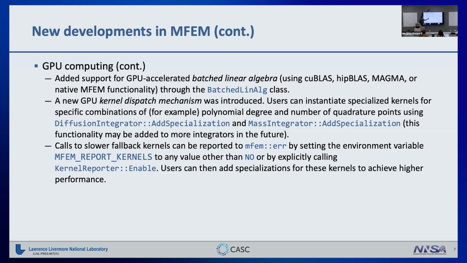As you see here, the diffusion integrator AddSpecialization is how you can tell MFEM to instantiate this special case and then use it, in a case that's not typically instantiated. And there is a way, with an environment variable, to check if you're actually getting an unoptimized version of the code. But as a backup, we have unoptimized versions which run for different polynomial orders, but they're much less performant.